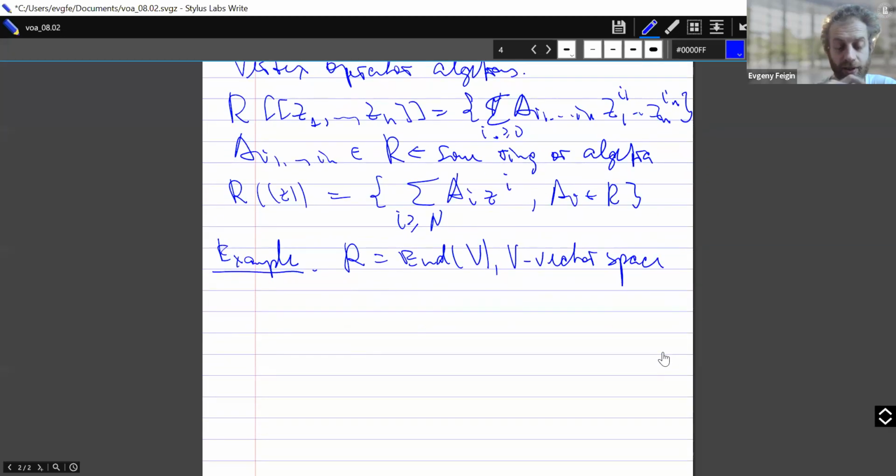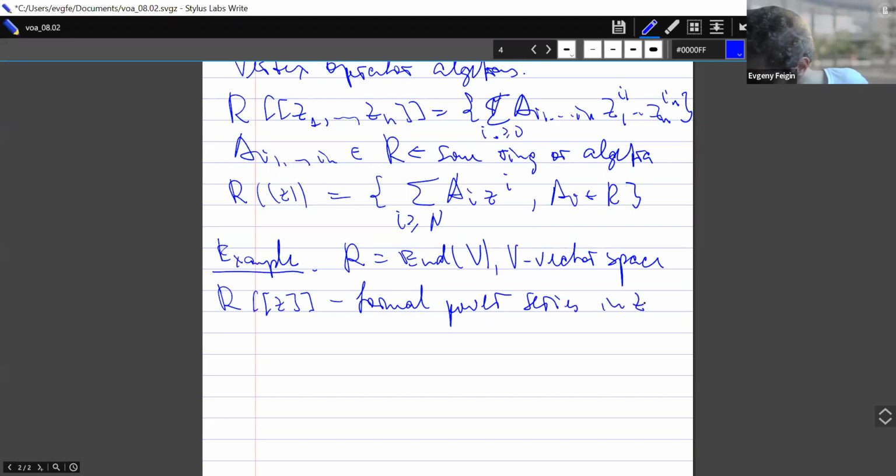We'll also need some notation. Maybe we've already seen this, but nevertheless: R of V, formal power series in Z. What else do we need?